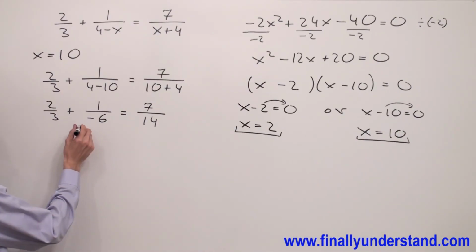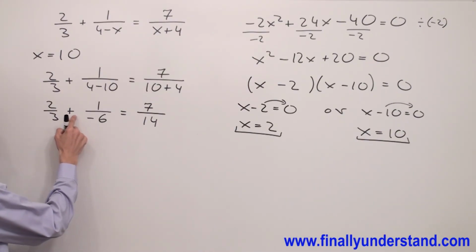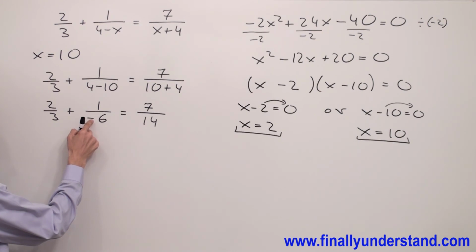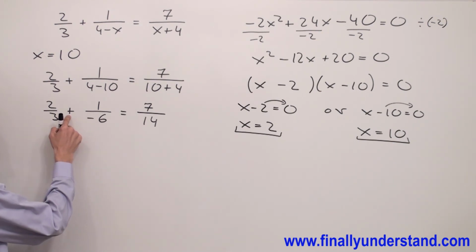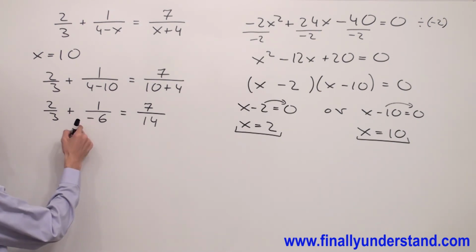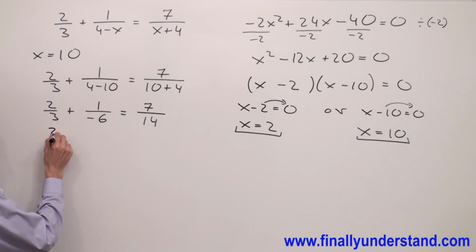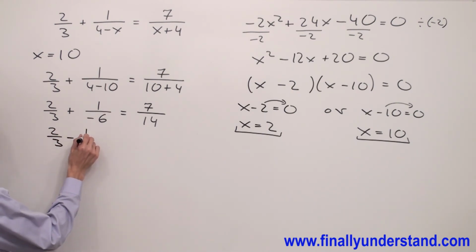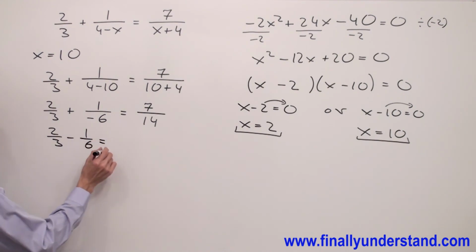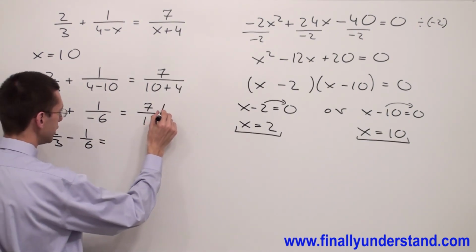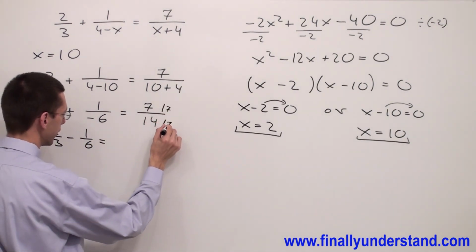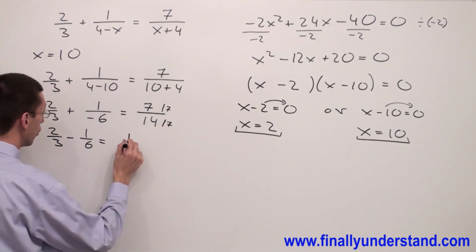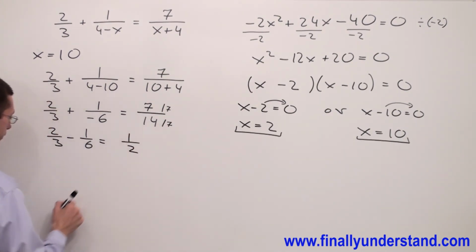Next, we're supposed to eliminate this negative sign from the denominator. Positive times negative gives me negative. That's why I'm going to write 2 over 3 minus 1 over 6 is equal to 7 over 14. I can reduce by 7 and I'm going to have 1 over 2.